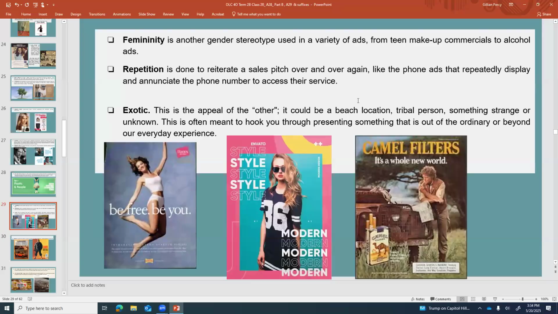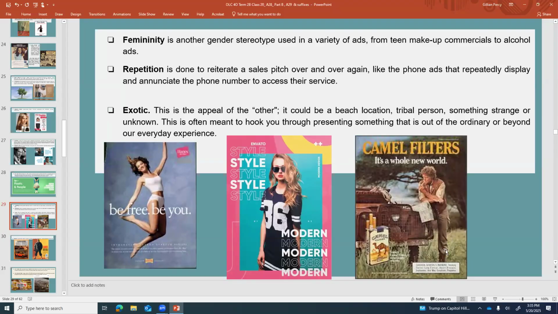Exotic is the appeal of the other. Other means anything out of where you live. Strange, unknown, other places. So here they're just selling cigarettes, but they've got Camel filters. It's a whole new world.